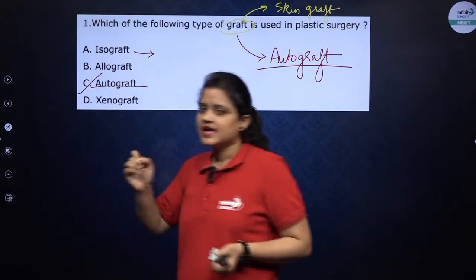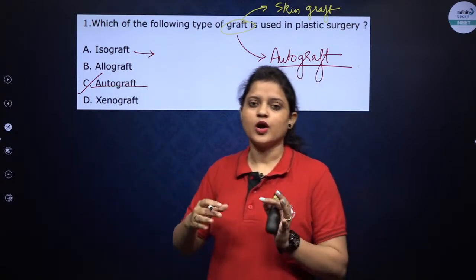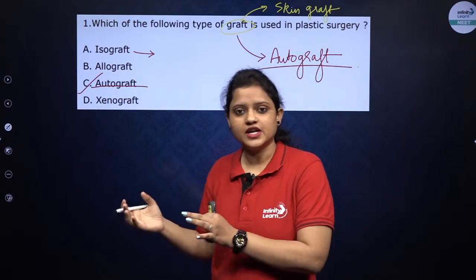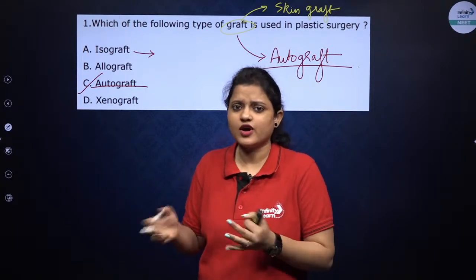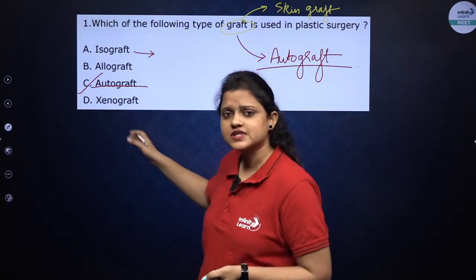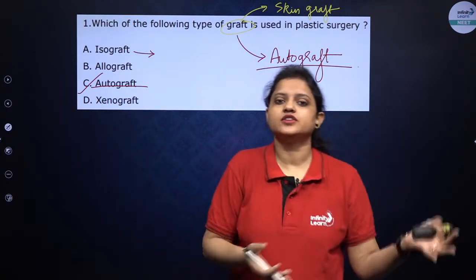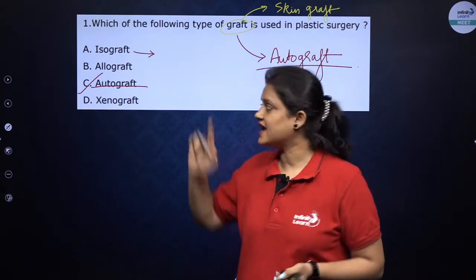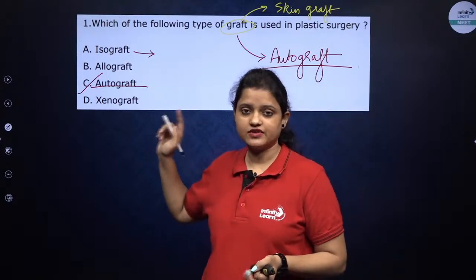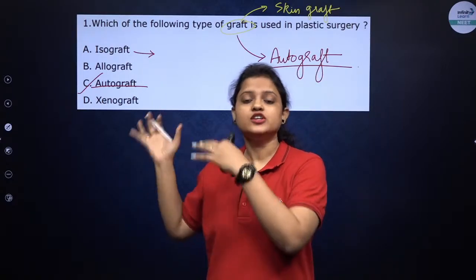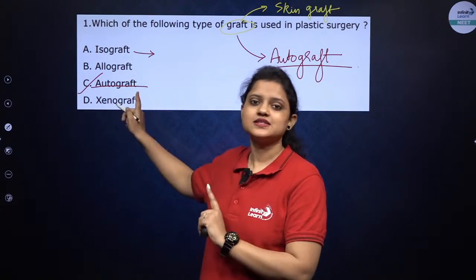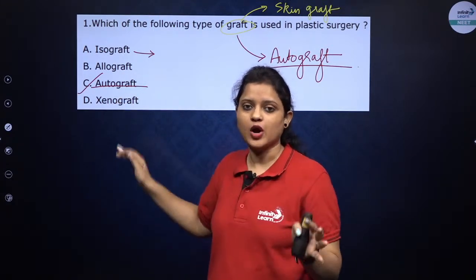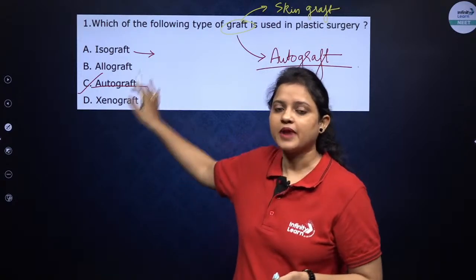Isograft is taken from a different individual of the same species who is genetically identical. For example, if the skin graft is taken from an identical twin, that will be isograft. Usually identical twins are the priority.